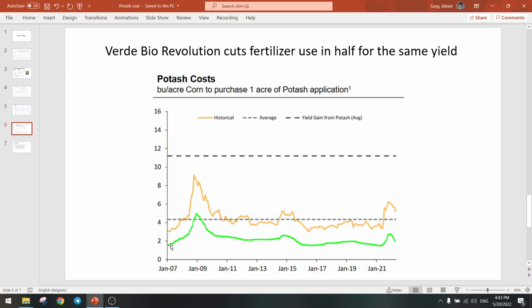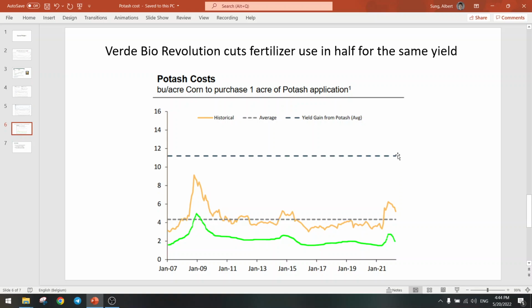So that means, and this is the curve that I drew here, that it is cut in half, because they only need to apply half the amount of potash on the field. That's why I just cut it in half. Now, if the cost of potash rises to, for example, this upper limit, then Verde would still have only half the cost of potash, right?